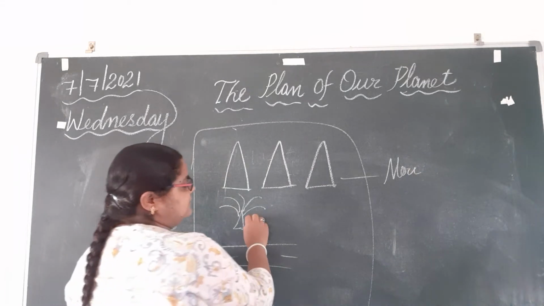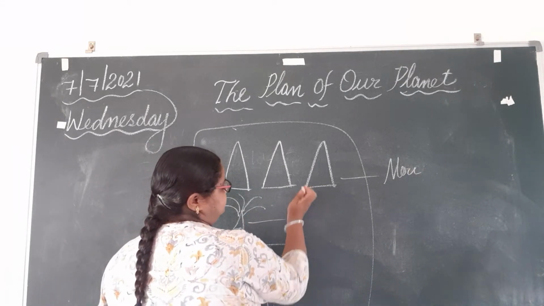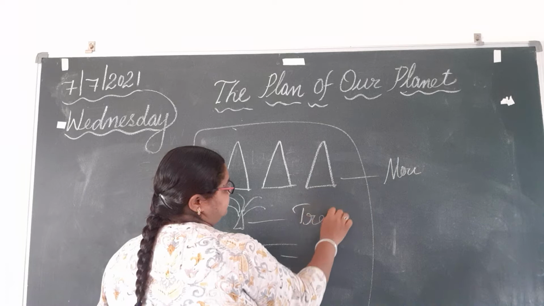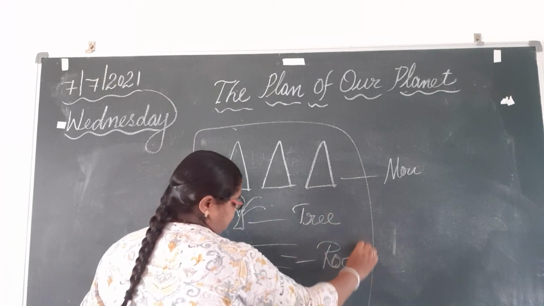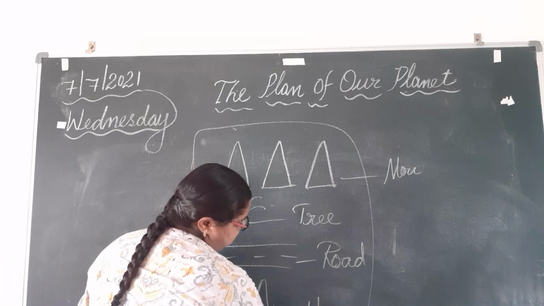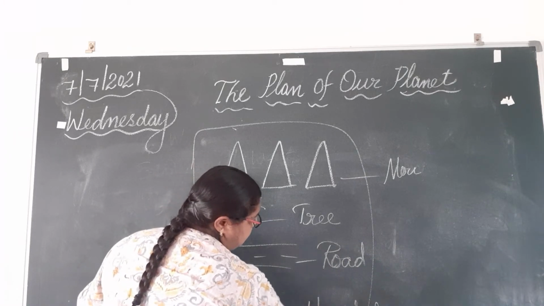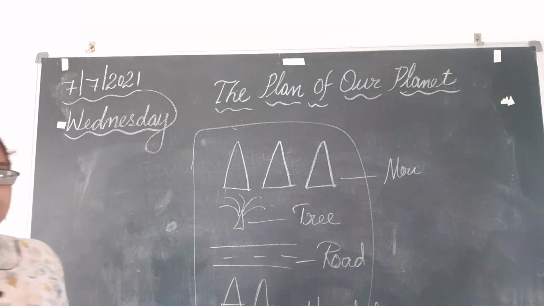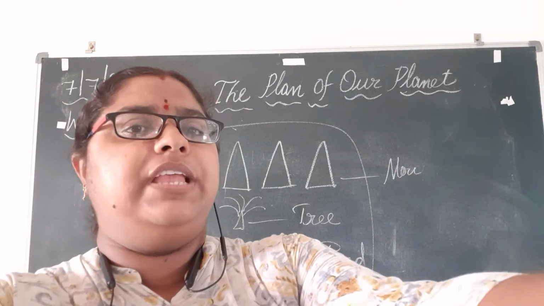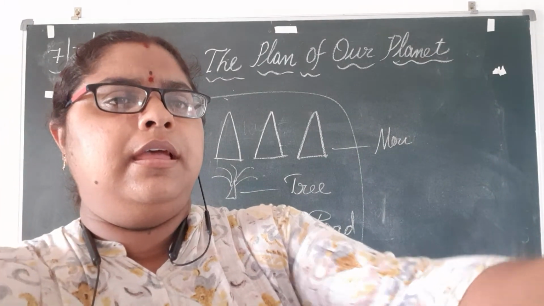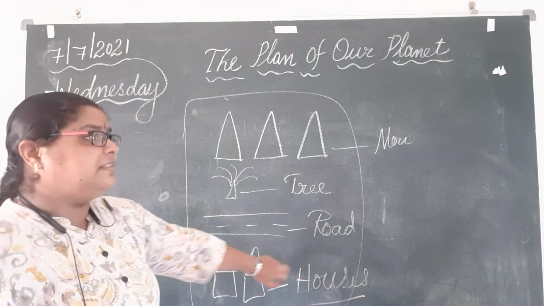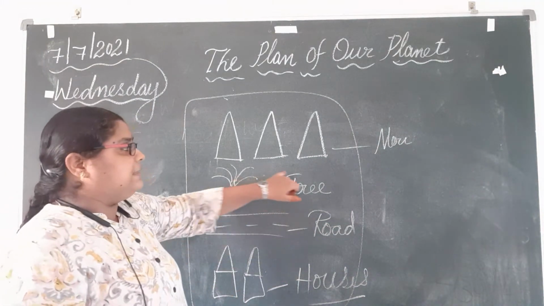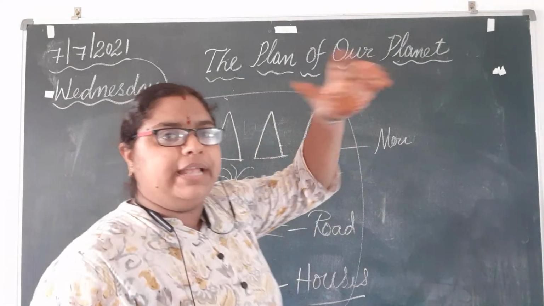And what is this? This is tree. And what is this? Road. And this, houses. Can you see? This symbol represents houses, this symbol road, this symbol tree, and this symbol mountain.